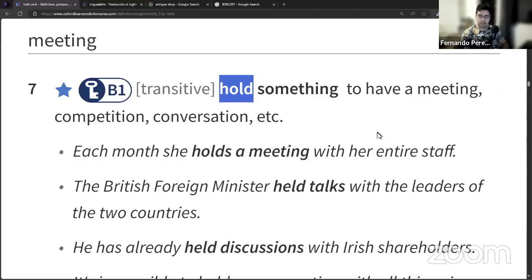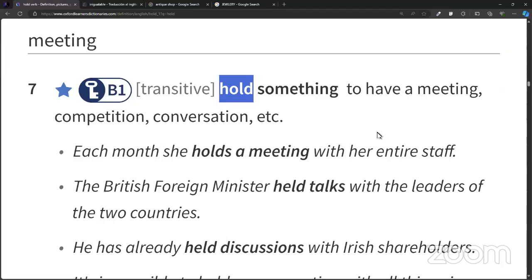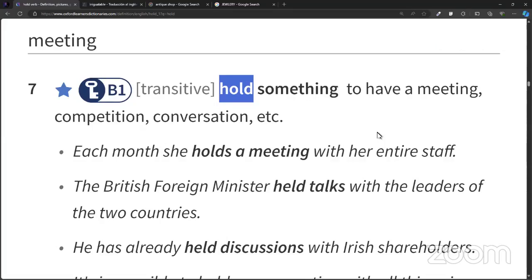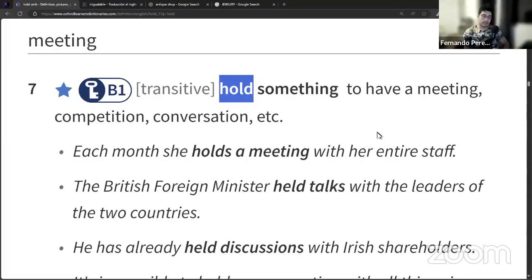Do you understand hold? Yes. Okay, Jessica more understands. What about Angie, Yamil, and Jessie? I think so. In Mexico City, the World Trade Center holds expositions all the year.